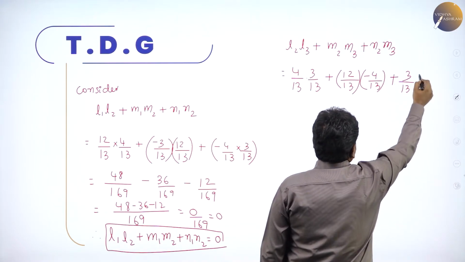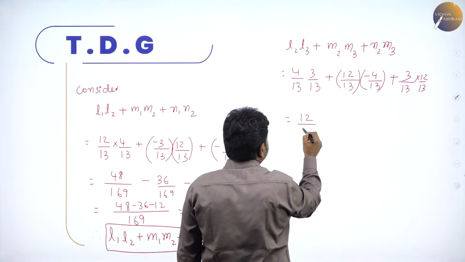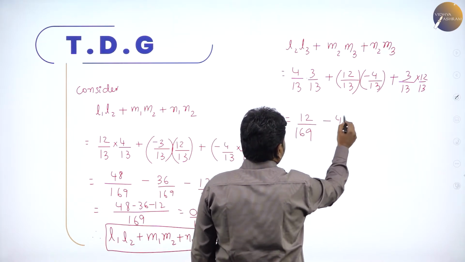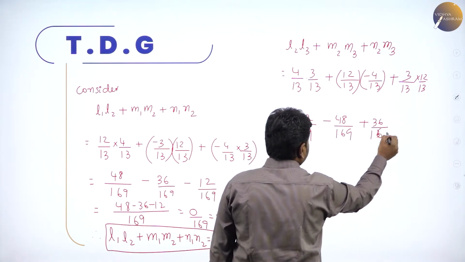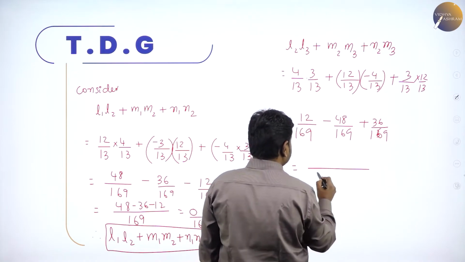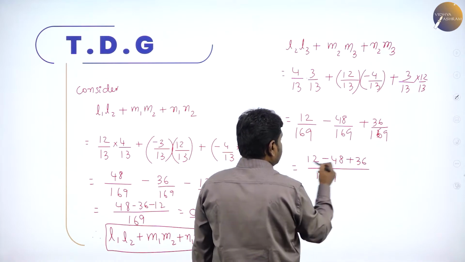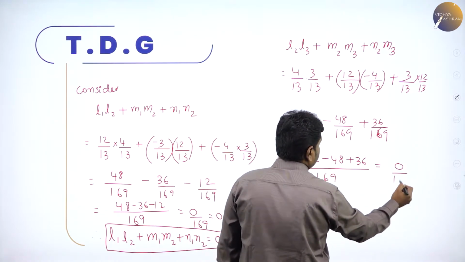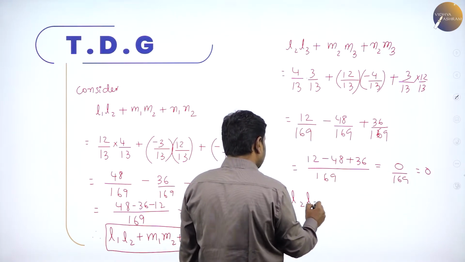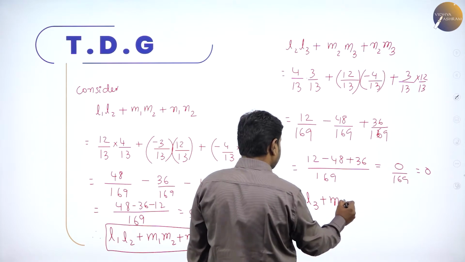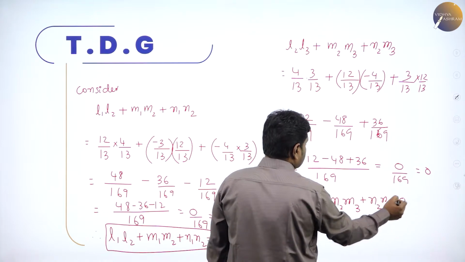So this will become 12 divided by 169 minus 48 divided by 169 plus 36 divided by 169. Take LCM, 169. 12 minus 48 plus 36, minus 36 plus 36, it will be 0. 0 by 169 is 0. So L2 L3 plus M2 M3 plus N2 N3 is equal to 0.